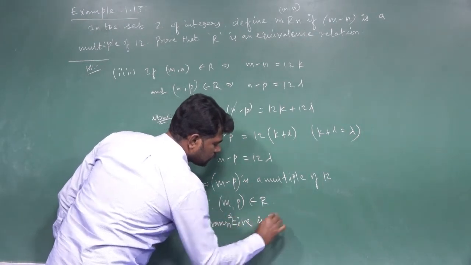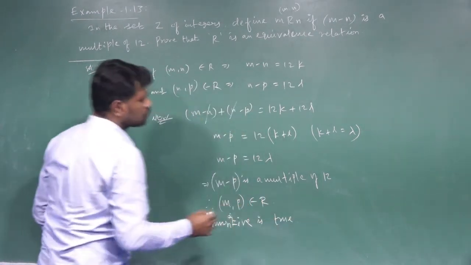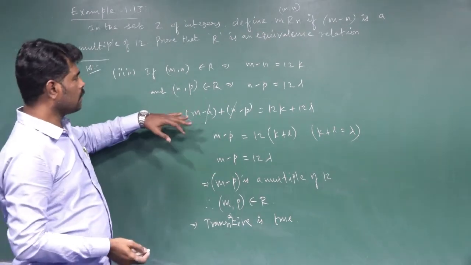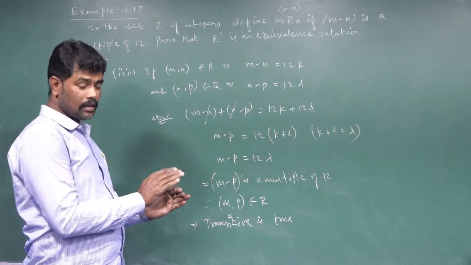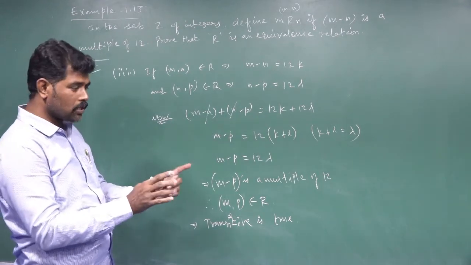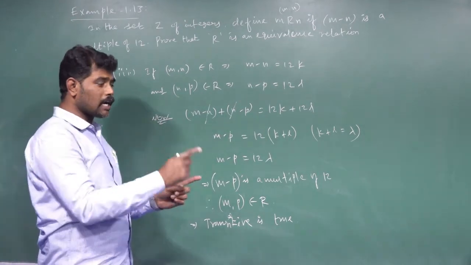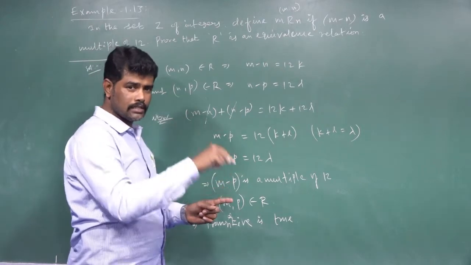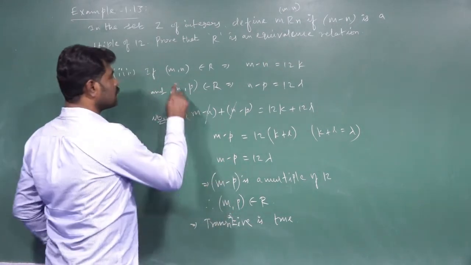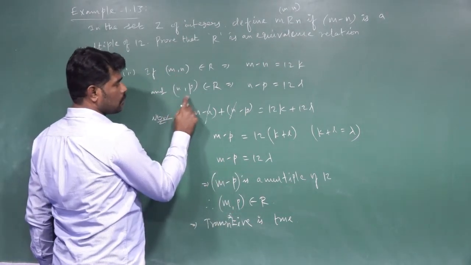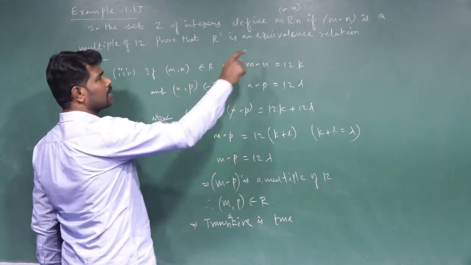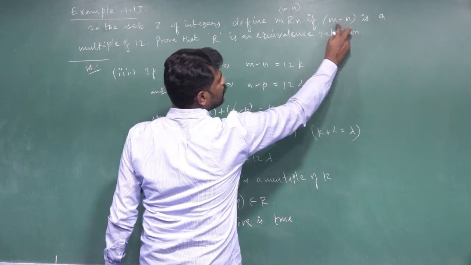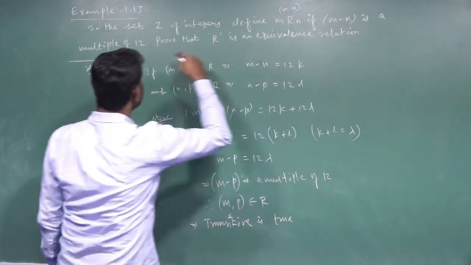Transitive is true. So listen how it works. What is the condition for transitive? If the pair a comma b and the pair b comma c both belong to the relation, then a comma c also belongs to the relation, and then it is transitive. Let it be a comma b and b comma c. Then we want to prove the a comma c condition. Here the condition is that the subtraction value is a multiple of 12.